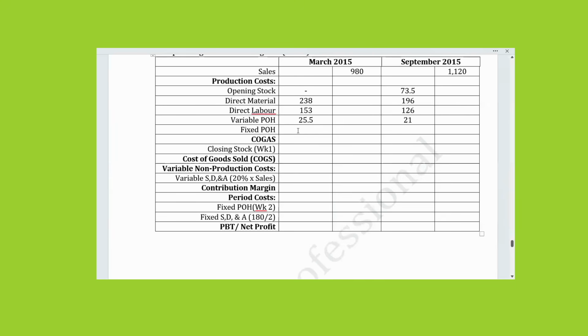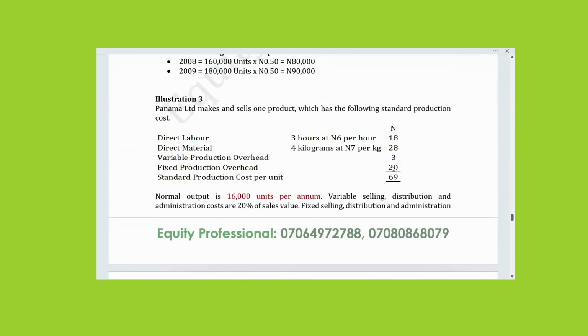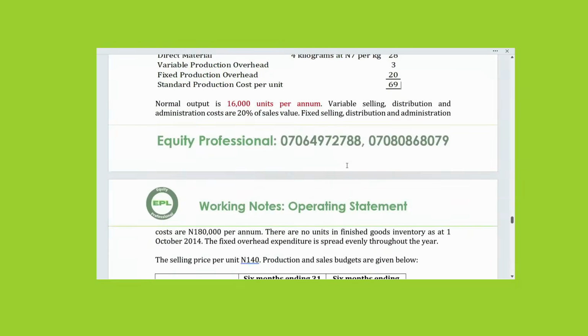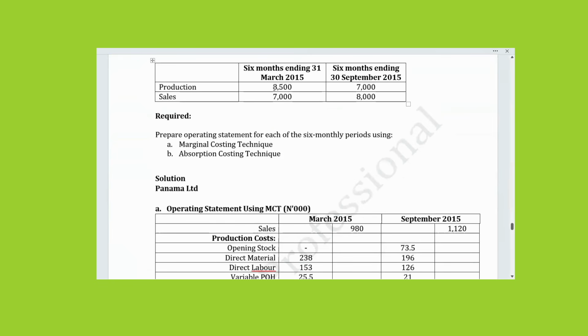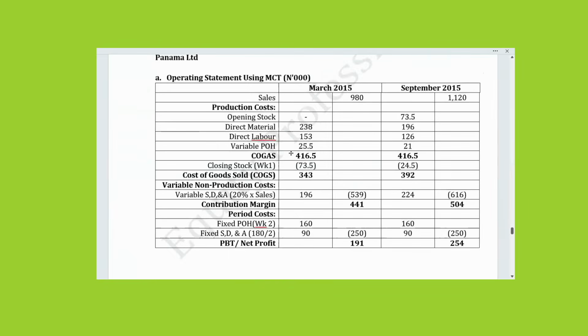So we then go back to the question. The fixed overhead absorption rate is 20 naira in the question. The fixed cost per unit is 20 naira. So in March, the company produced 8,500. Therefore, 8,500 multiplied by 20 naira.